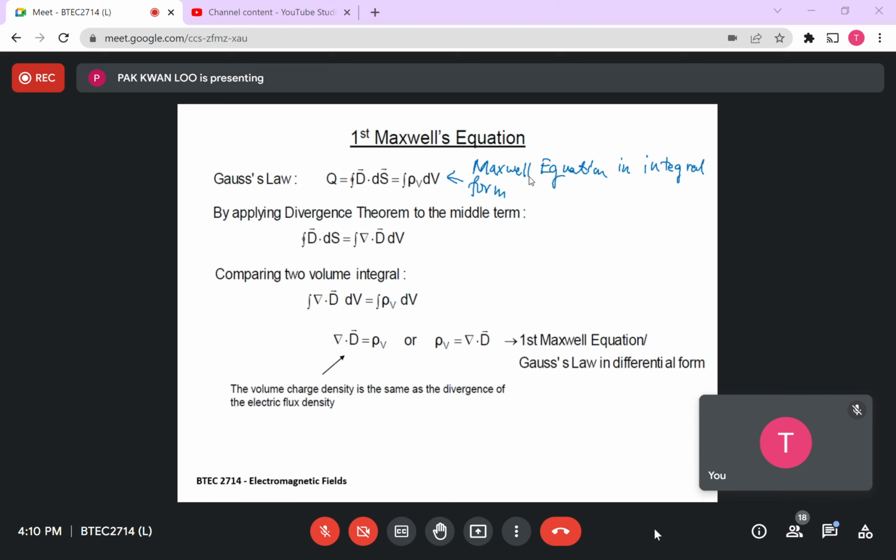The four equations don't take into account time variation, of the electric field or magnetic field. If we take time variation into account, there will be some changes in the Maxwell equations.